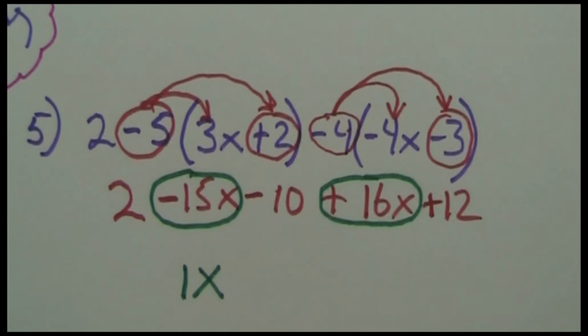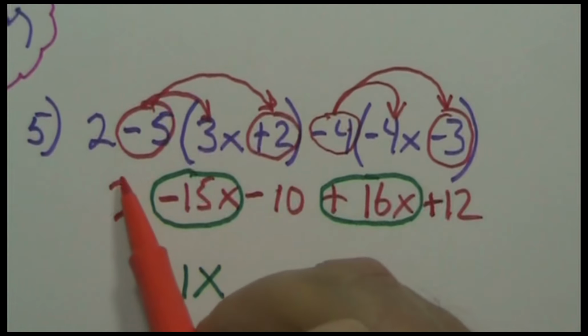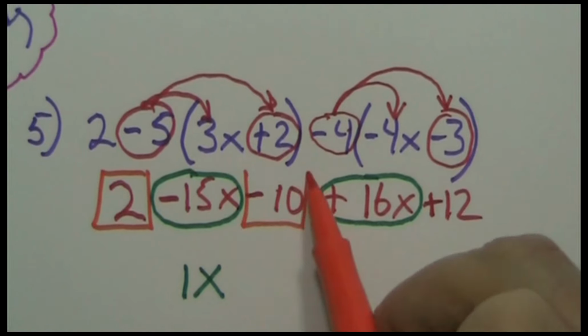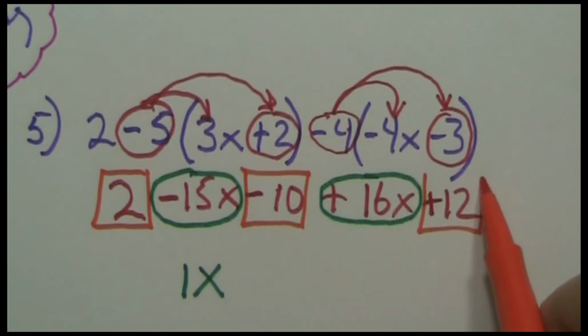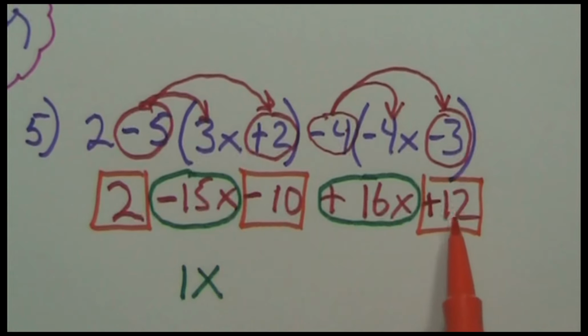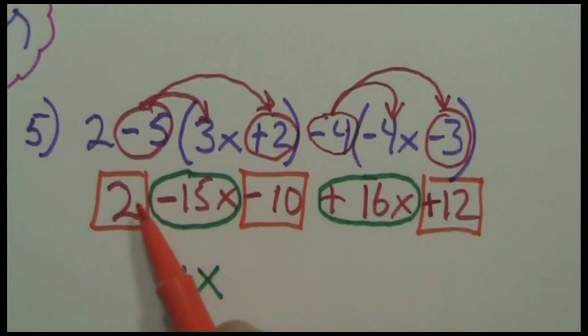All right, now let's take a look at our, use a different color here, make it a little easier. How about let's take care of the constants. I have a 2, a negative 10, and a 12. Okay, let me just kind of go backwards. I have 12, take away 10, that's 2, and 2 and 2 makes 4.